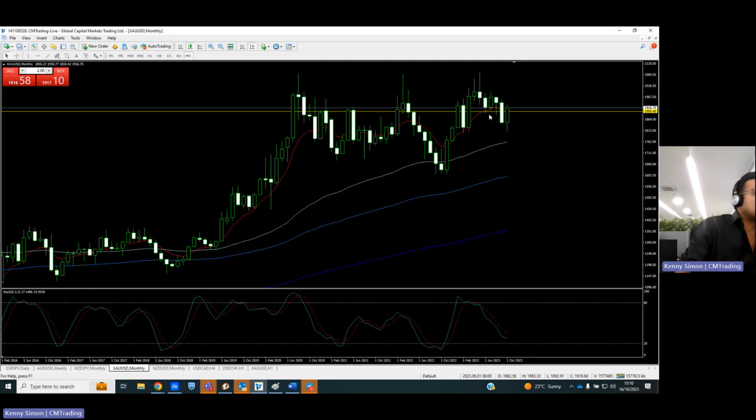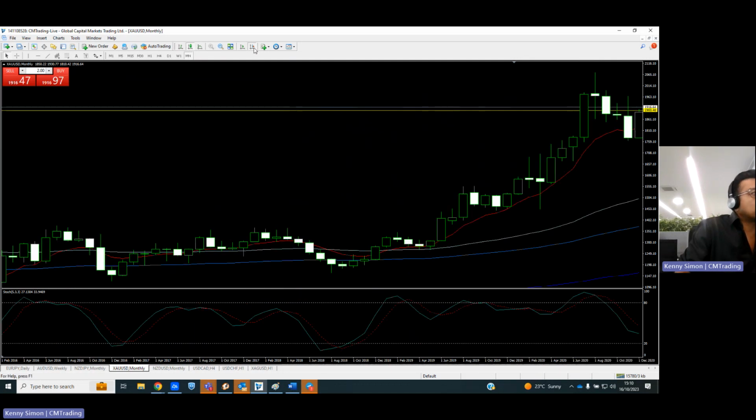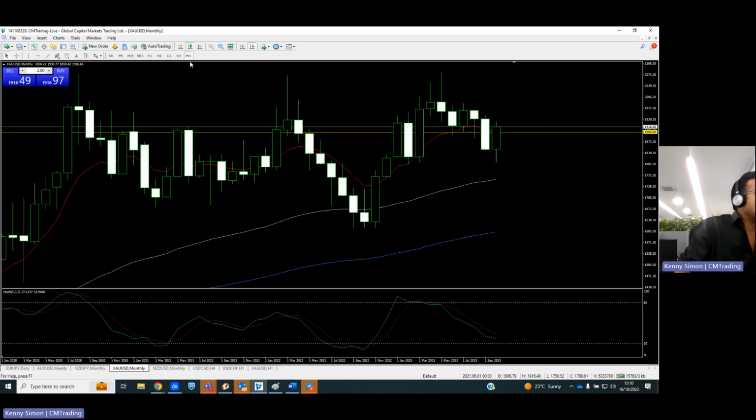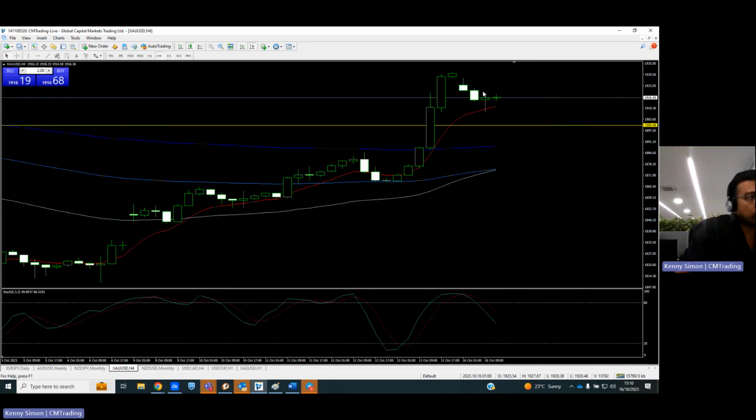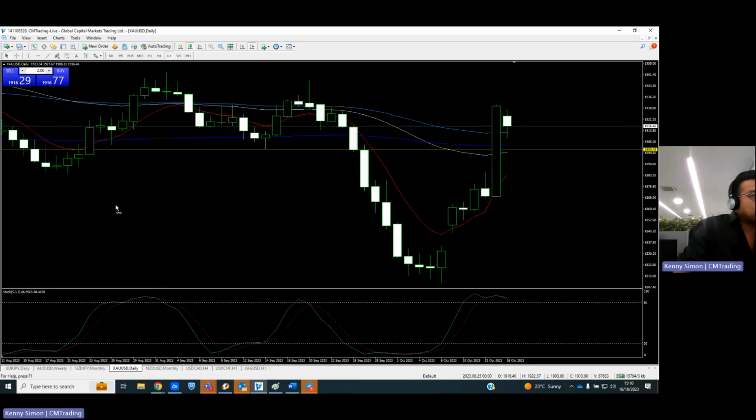So this is basically where I would then look into some selling potential and go on to lower time frames, even the 4-hour chart, just to look at, okay, yes, there's a fall there, but the daily chart gives me an idea of how far it would actually be falling to.